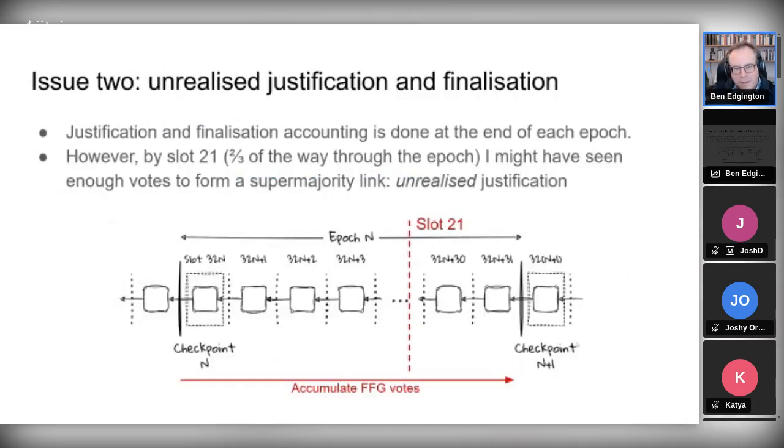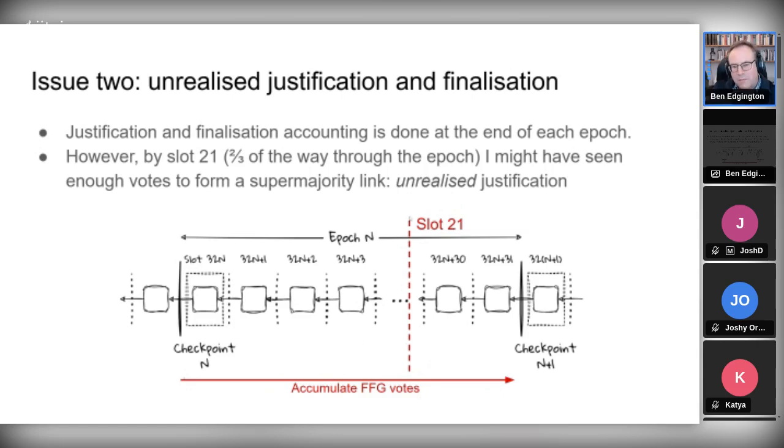And then we discovered another problem, which is unrealized justification and finalization. This stems from the way we accumulate Gasper FFG votes, which is gradual. We accumulate them slot by slot.